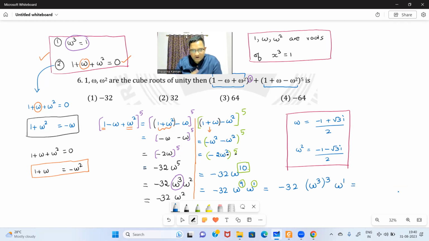Do you now recognize why I split this as omega power 9? Nine is a multiple of 3 and omega power 3 is 1, correct? So what is omega cube? 1, sir.